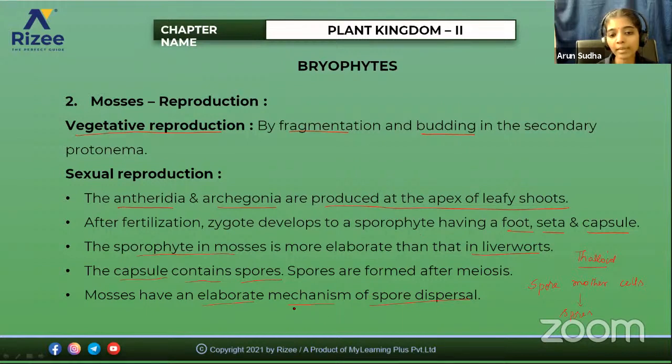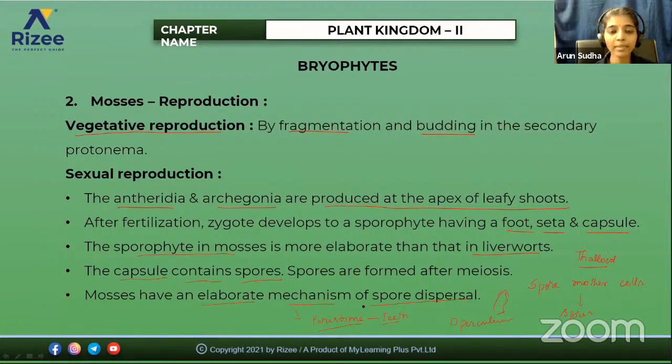Particularly, it has these teeth-like structures that are called the peristome, which is responsible for spore dispersal. And the upper part of the capsule is covered by the structure that is called the operculum.